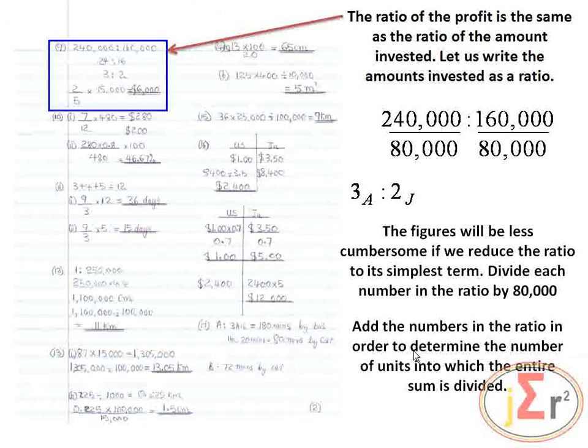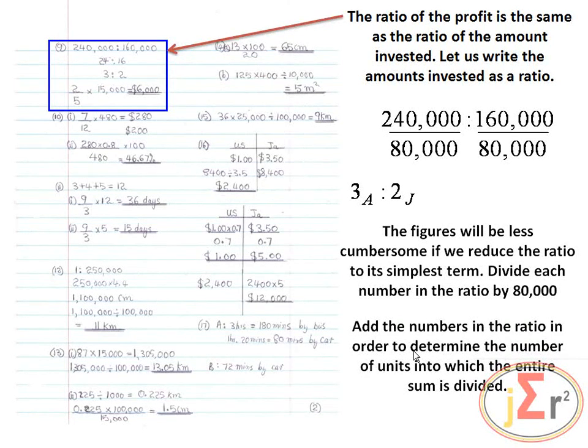As usual, we will add the numbers in the ratio in order to determine the number of units in which the entire sum is divided. Now, eventually, we are required to determine John's share of the profit. And John's share will be his share of the total profit.